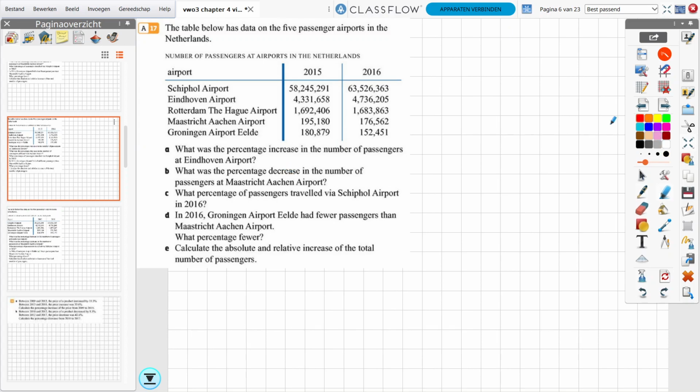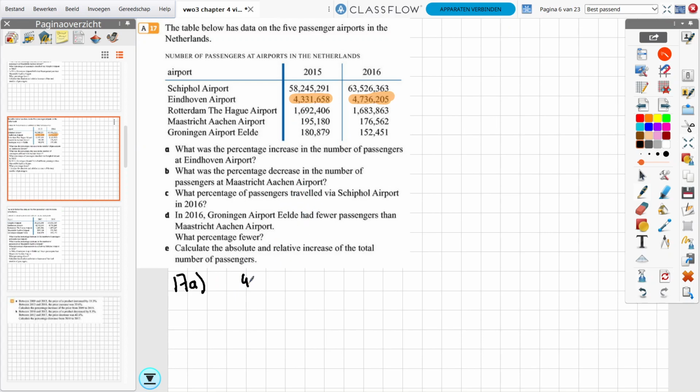Okay, so Eindhoven Airport. That means we're interested in those two values, right? And because we're talking about a percentage increase, I think we can calculate this using new minus old divided by old times 100%, right?